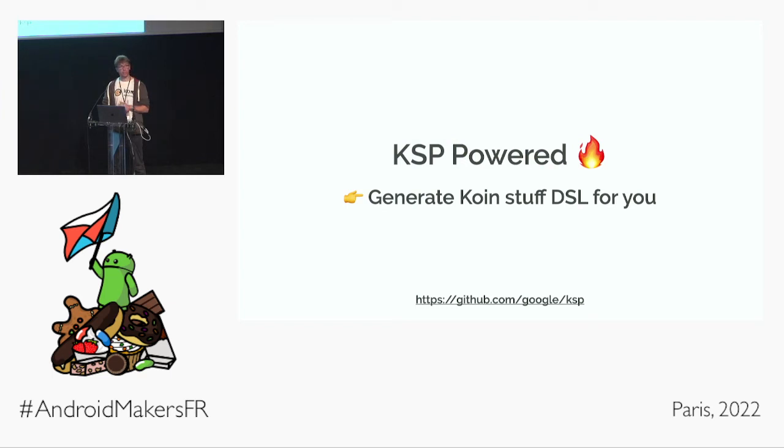What we propose is another way to work with Koin, a way to complement the DSL: with Google KSP, we can do annotation processing in a super fast way. The idea is to keep the semantics of Koin and a super easy, fast way to work with annotations, and you can still use the Koin API directly.